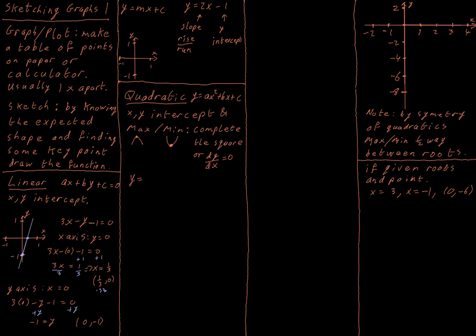So that's one way. Another way, which is in some ways more useful, although requires more thinking, is to think about our line in the form y is equal to mx plus c. So y is equal to, our y value is equal to the slope times the x value plus the y-intercept.